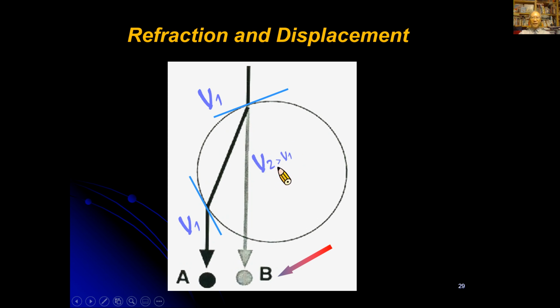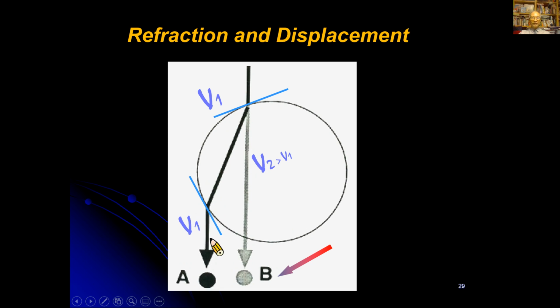If v2 is greater than v1, then when the sound beam hits the surface of the second medium, it will be deviated, and then deviated again when going from v2 back to v1.